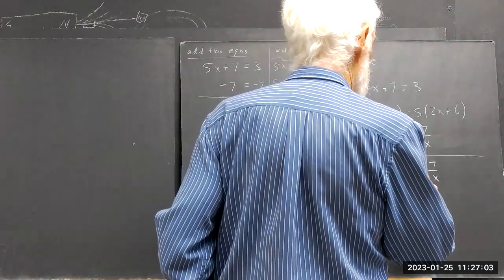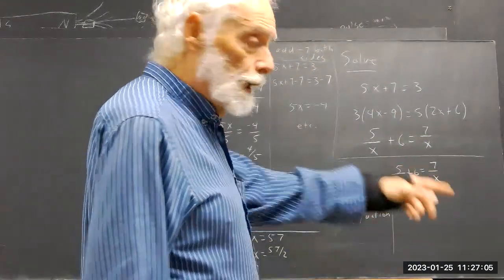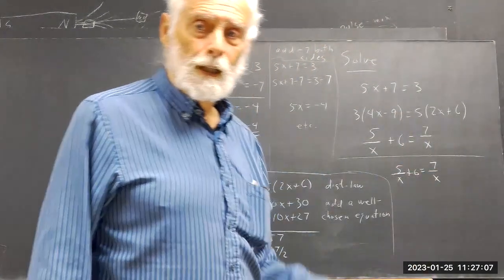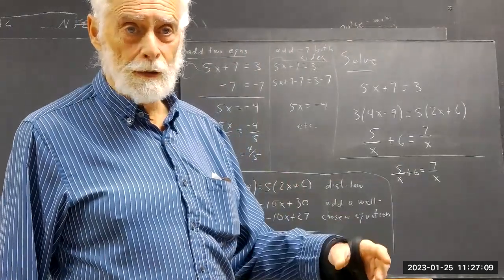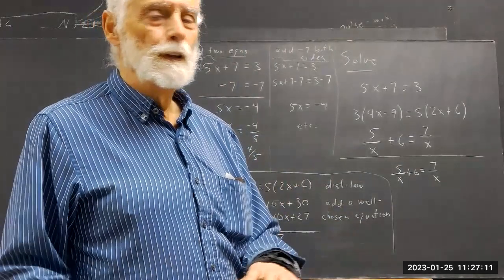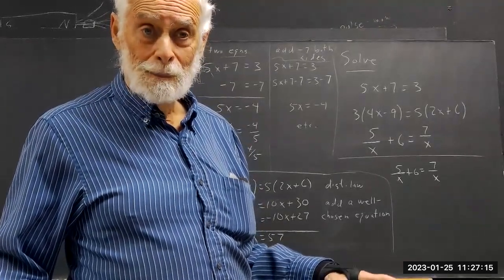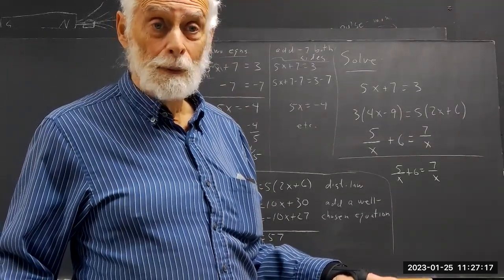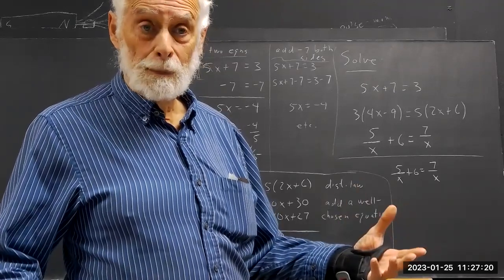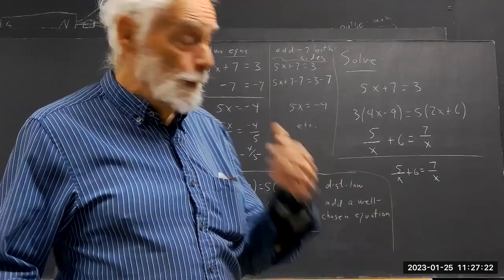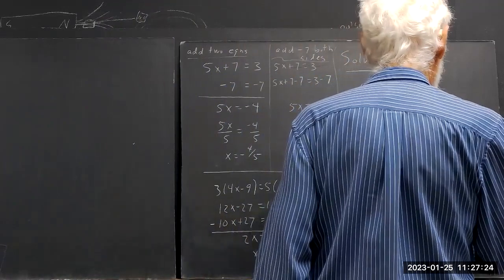But we have denominators, and denominators are a royal pain in the neck. So if we get rid of denominators in an equation at the very beginning, it makes the equation much simpler. So what we do is multiply by the common denominator.